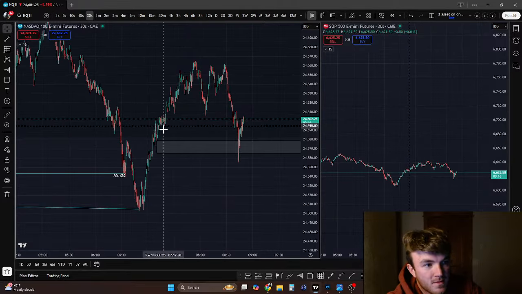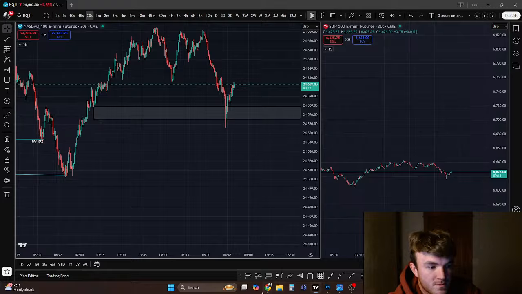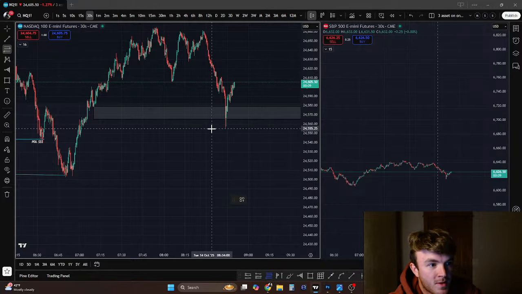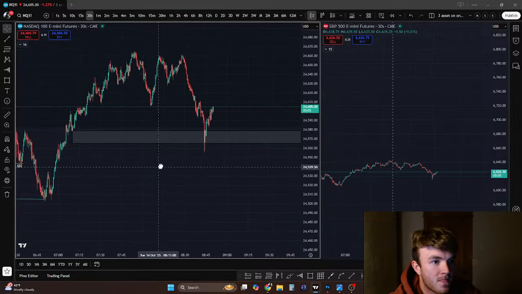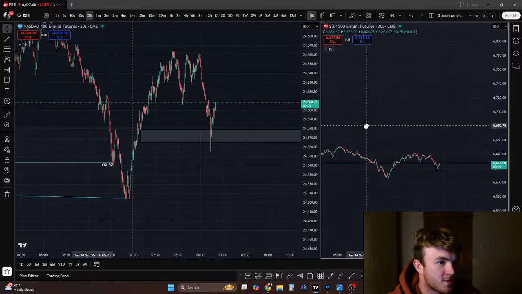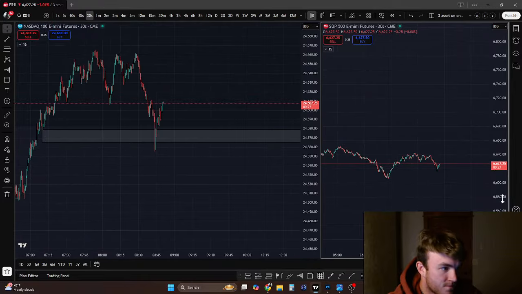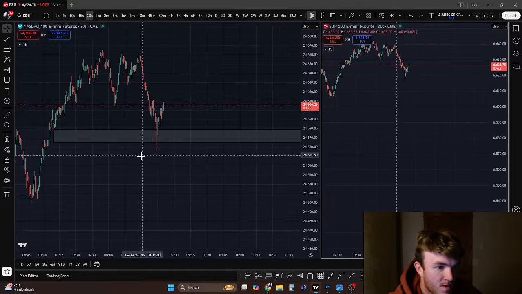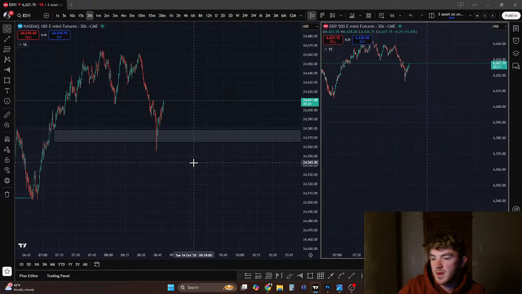Then again, we might want to wait for, maybe a sniper model would be better here. We'll just have to see. But we got an accumulation, manipulation, distribution. We don't have 922 yet, which, yeah.